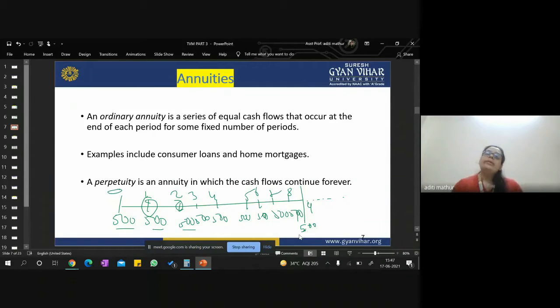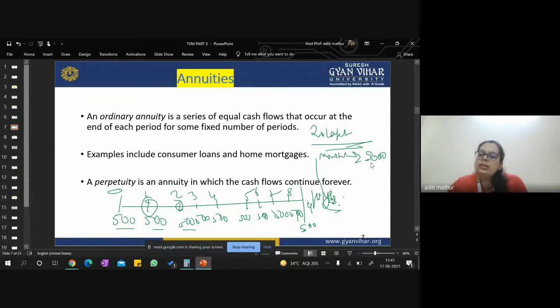Common examples of annuities in reality are your consumer loans and your home mortgage. Let's take an example that I have applied for a personal loan of 20 lakh rupees. I will be paying it back by saying that after every month I will pay, let's say, 5,000 rupees, for a certain number of years, let's randomly take 10 years.